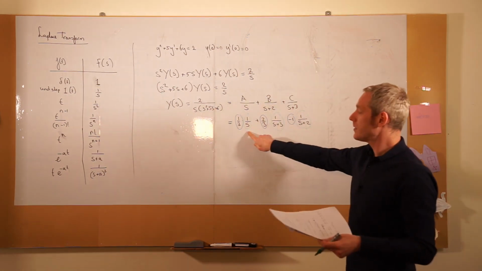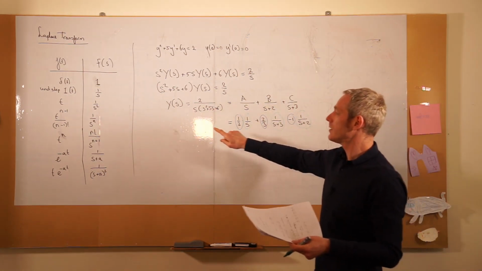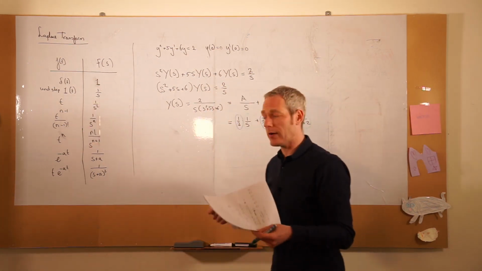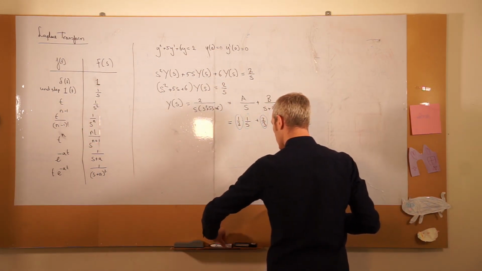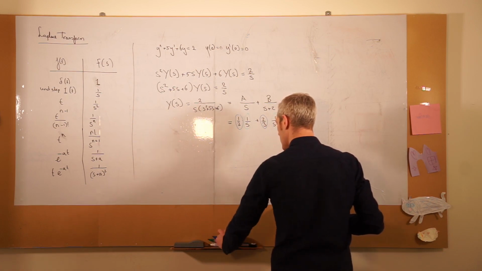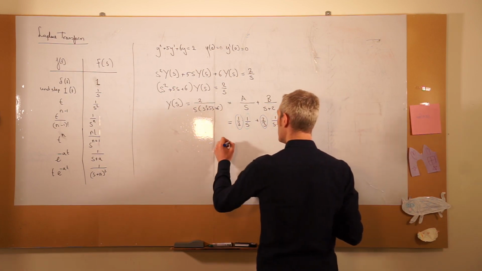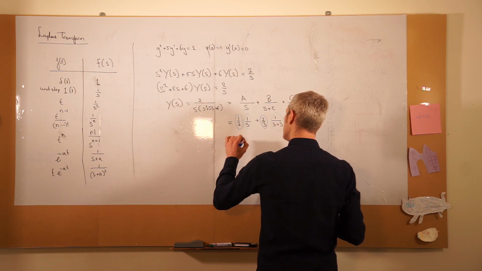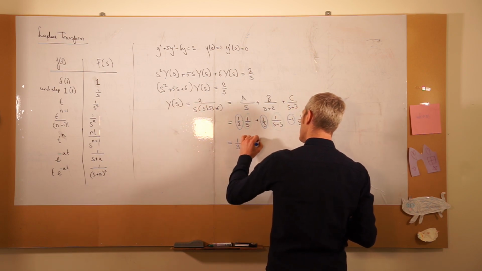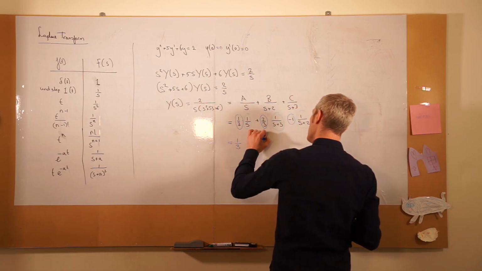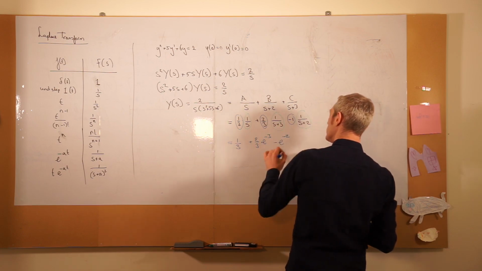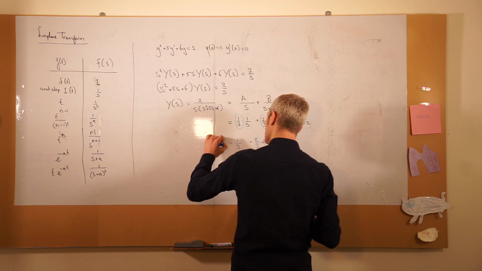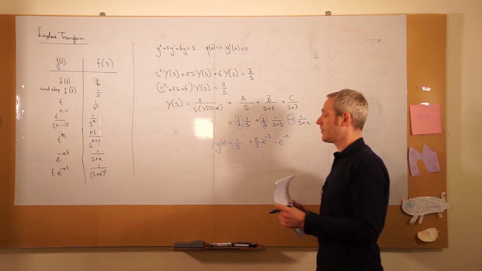Remember, 1 over s is simply the unit step, so that will end up being a constant. So my overall solution to my differential equation is 1/3 plus 2/3 e to the power of -3t minus 1 e to the power of -2t. And this is my solution to my differential equation.